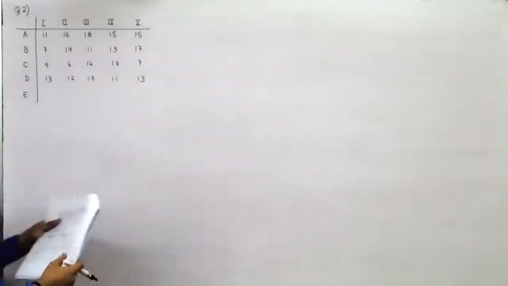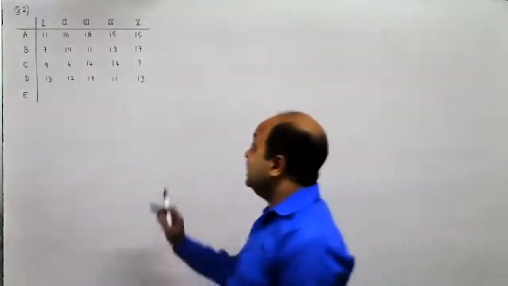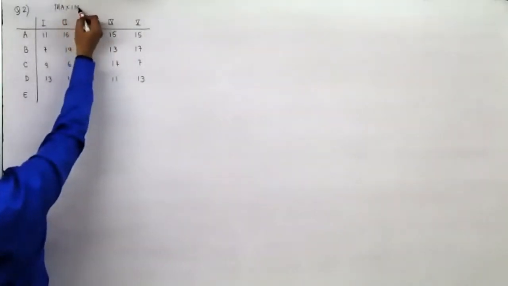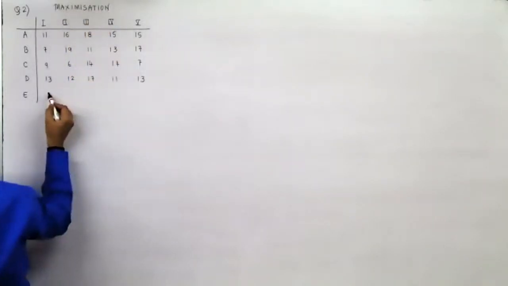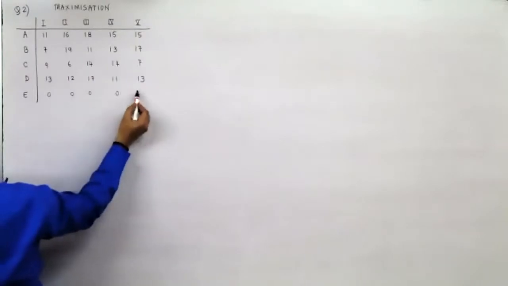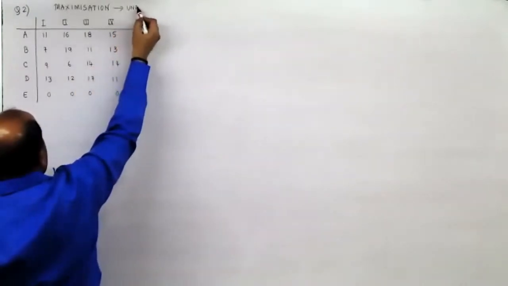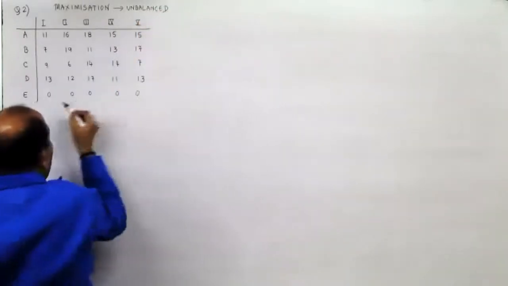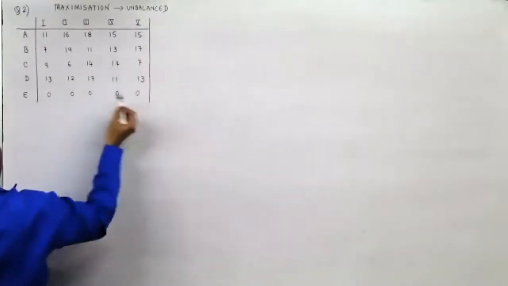Now, this is also an unbalanced problem, but it is a maximization problem. When you have a maximization problem, the first step is different. Remaining all are same. Since it is unbalanced, we add a 0 over here. This is maximization, unbalanced, so I add a dummy row with all elements as 0.